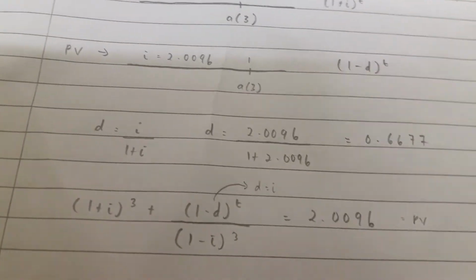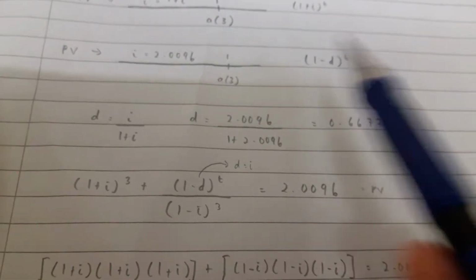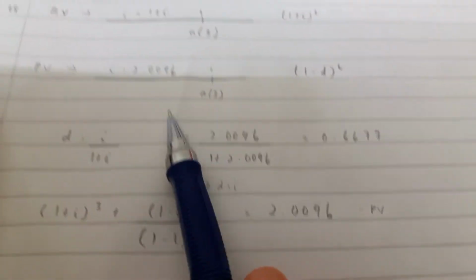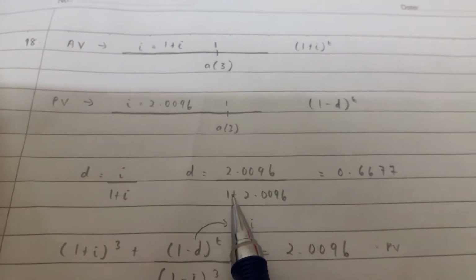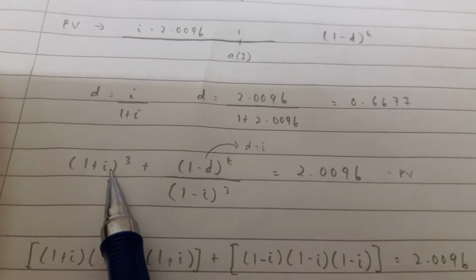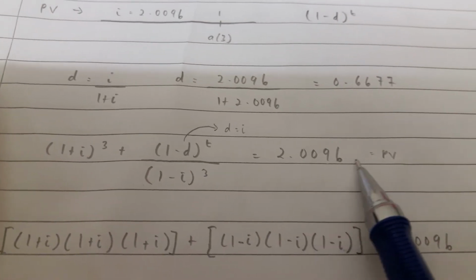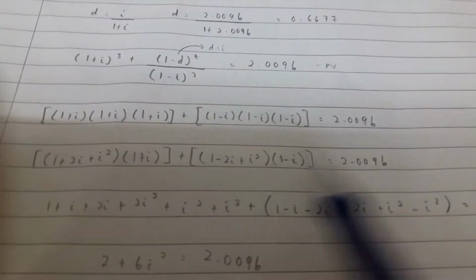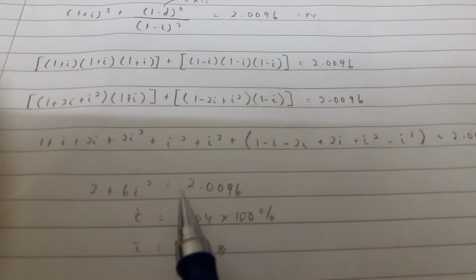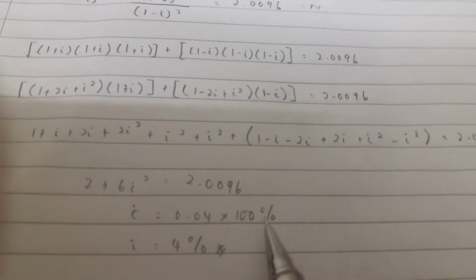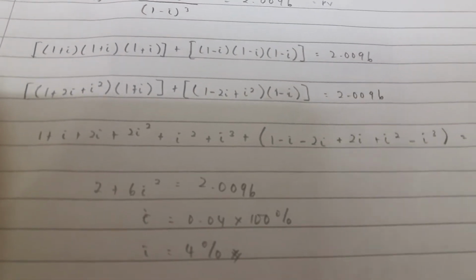And then we use this formula of d equals i over 1 plus i, and then we insert 2.0096 over 1 plus 2.0096, then we get 0.6677, and then we use this formula and we'll get the present value. And calculating all of this, we'll get i equals 0.04, and by multiplying it by 100% we'll get i equals 4%.